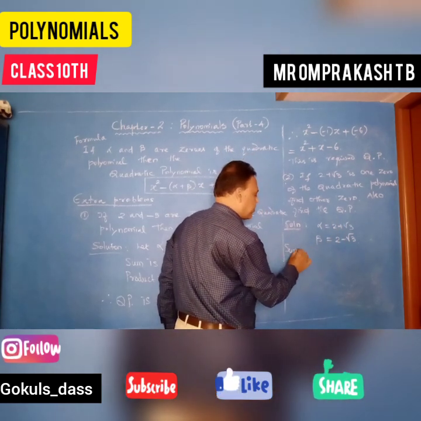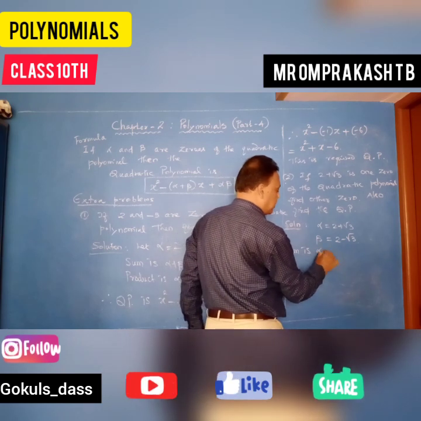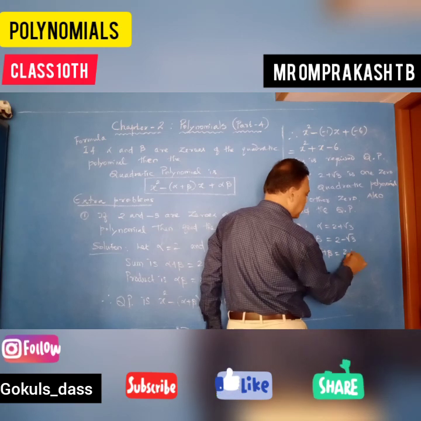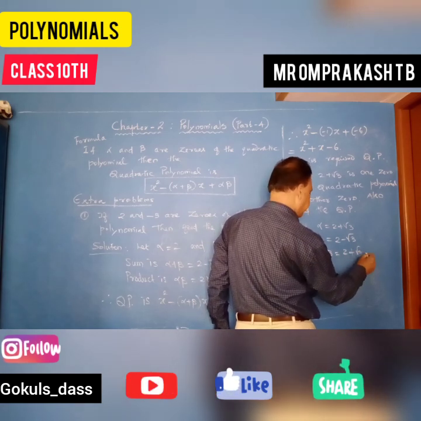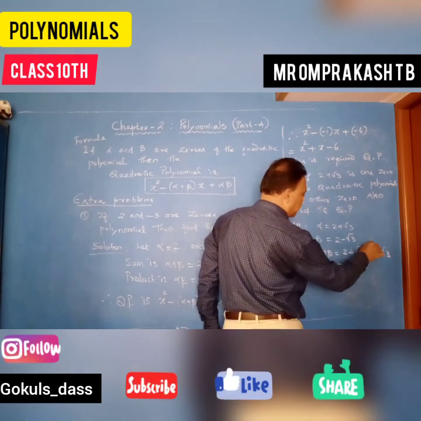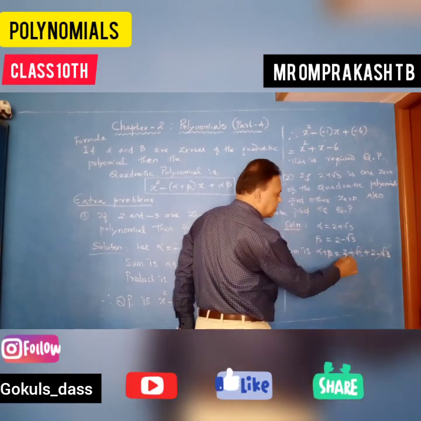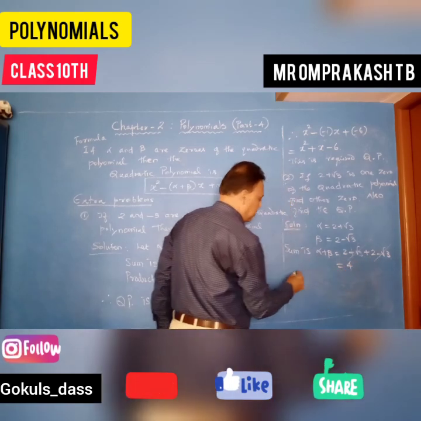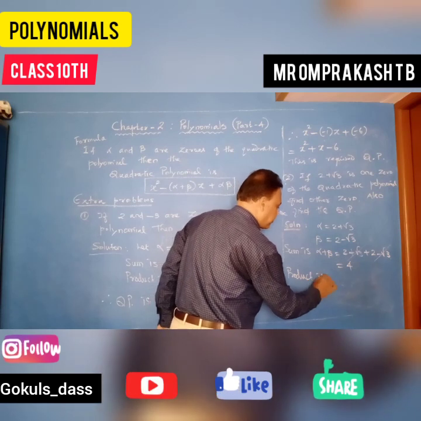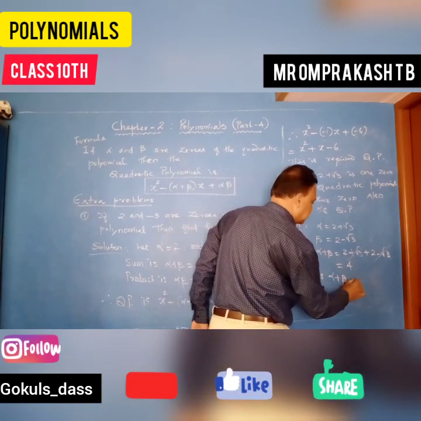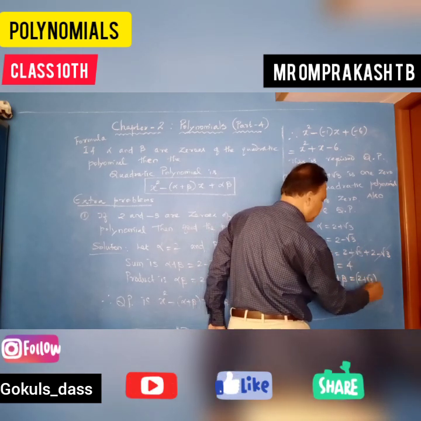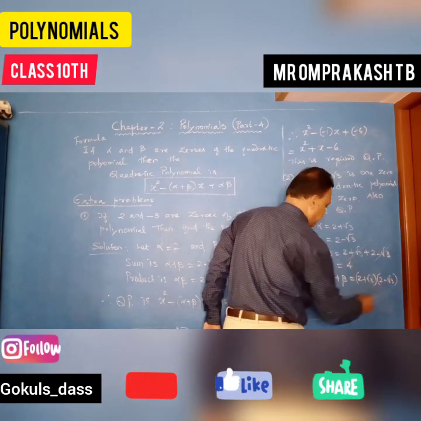Now find the sum. The sum alpha plus beta is equal to 2 plus root 3 plus 2 minus root 3. So plus root 3 minus root 3 cancels, and 2 plus 2 is 4. Now the product of the zeros, alpha beta, is equal to (2 plus root 3) into (2 minus root 3).